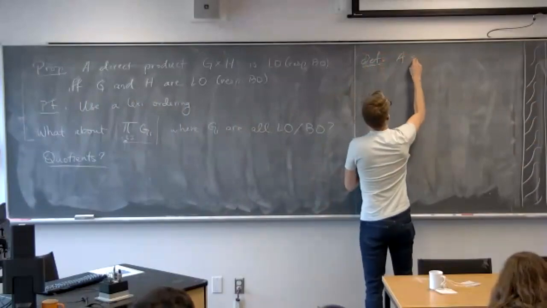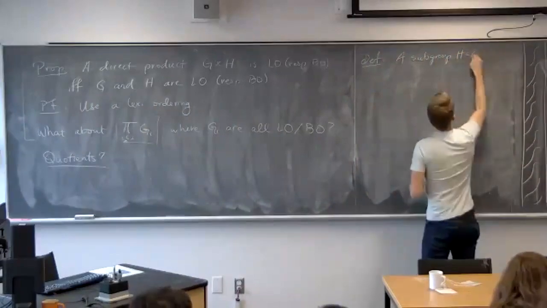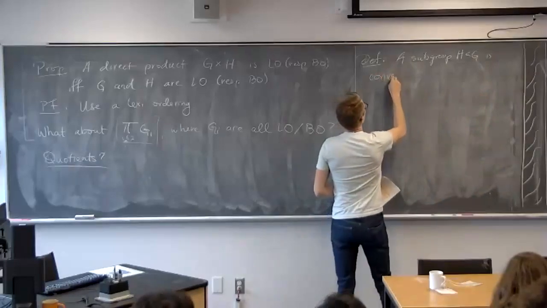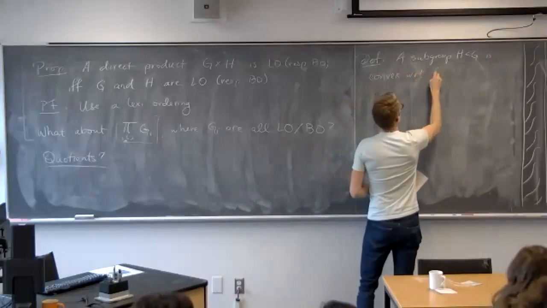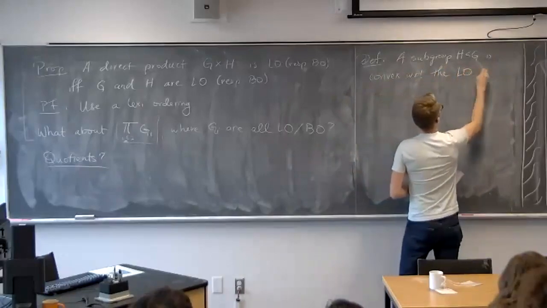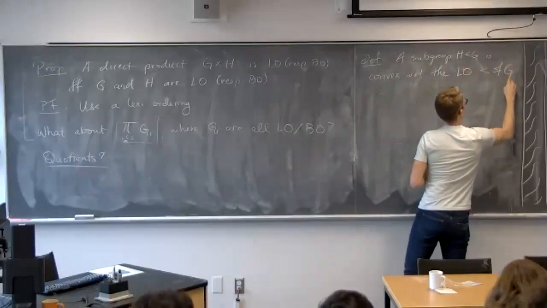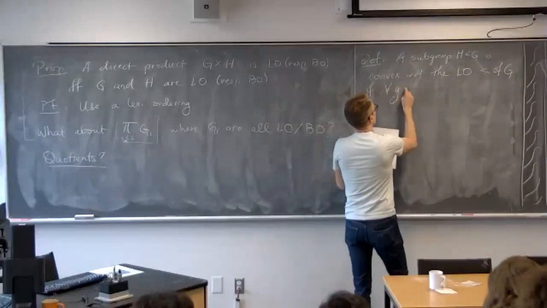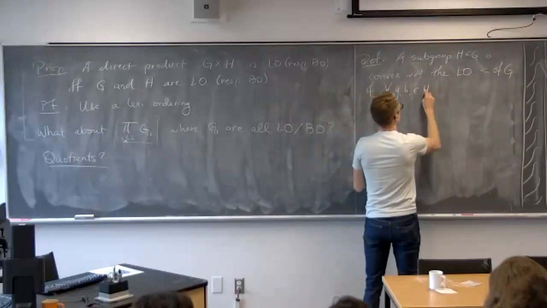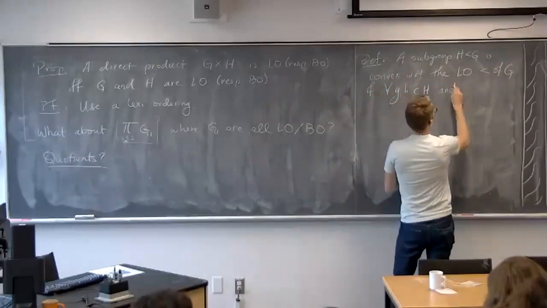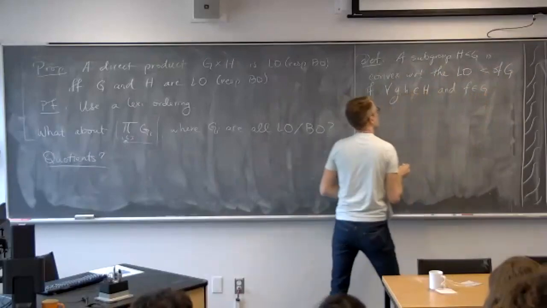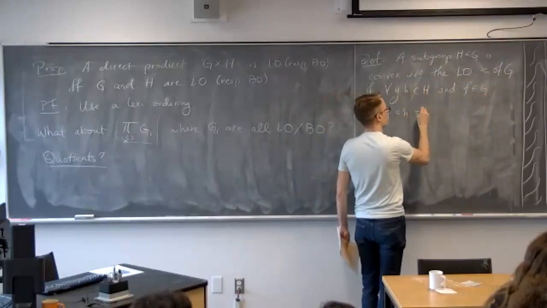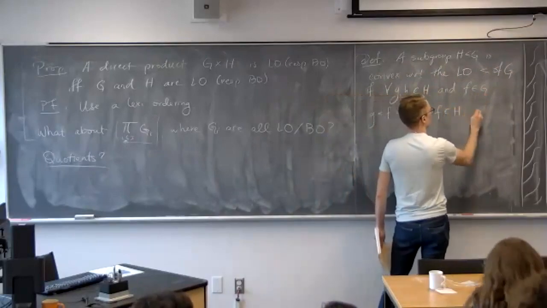So a subgroup H of G is convex with respect to the left order less than of G if for all g and h in H and f in G, this implication, g less than f less than h, implies f in H holds.